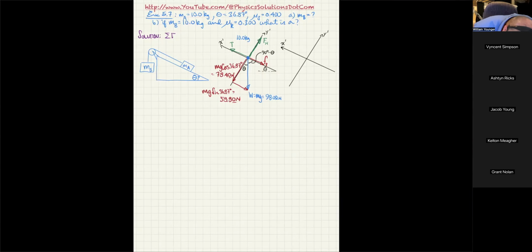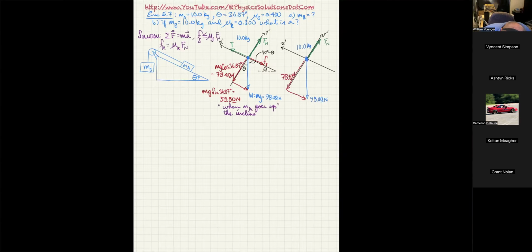Oops, I keep bumping into my iPad when I'm trying to draw a straight arrow, and it makes the lines look wobbly. Anyways, here are the forces. This one again is still going to be 78.40 newtons, and this one's still going to be 58.80 newtons, just like that.